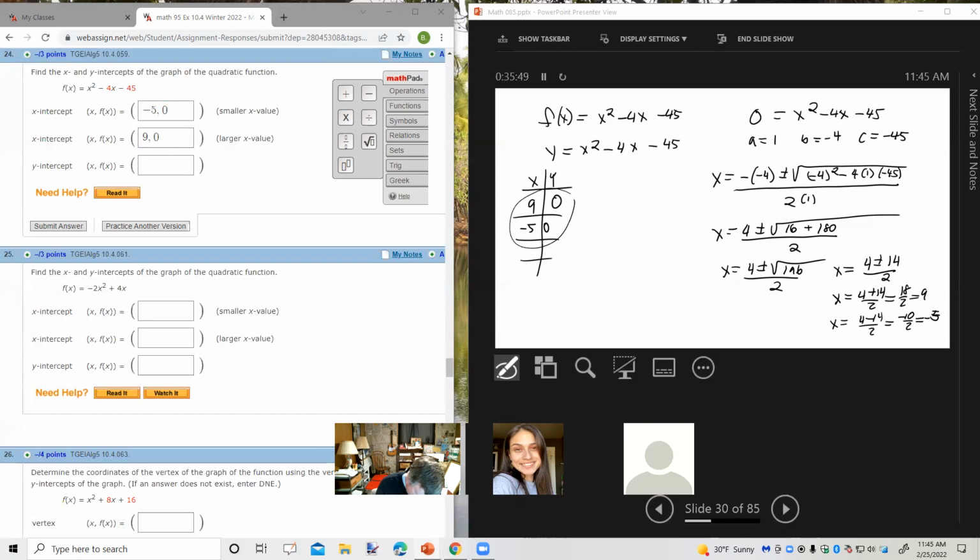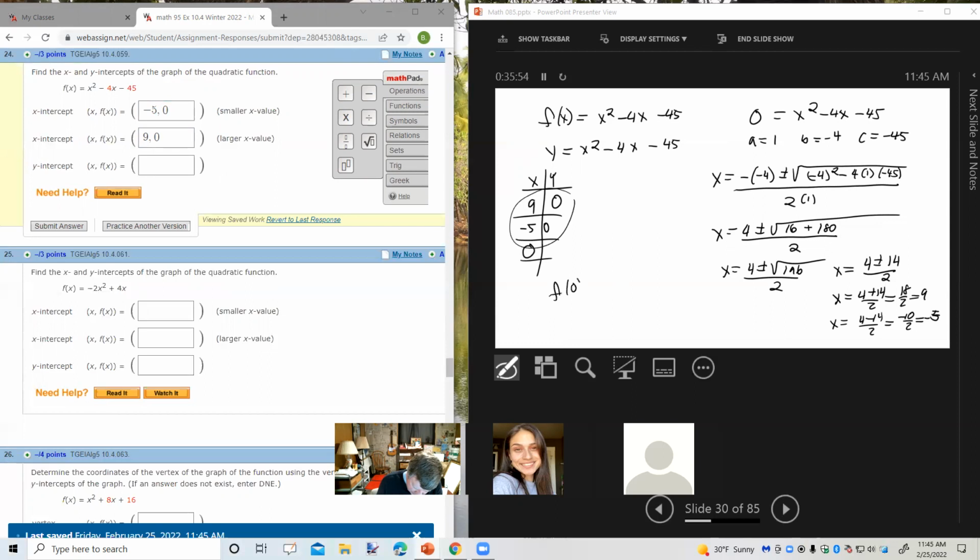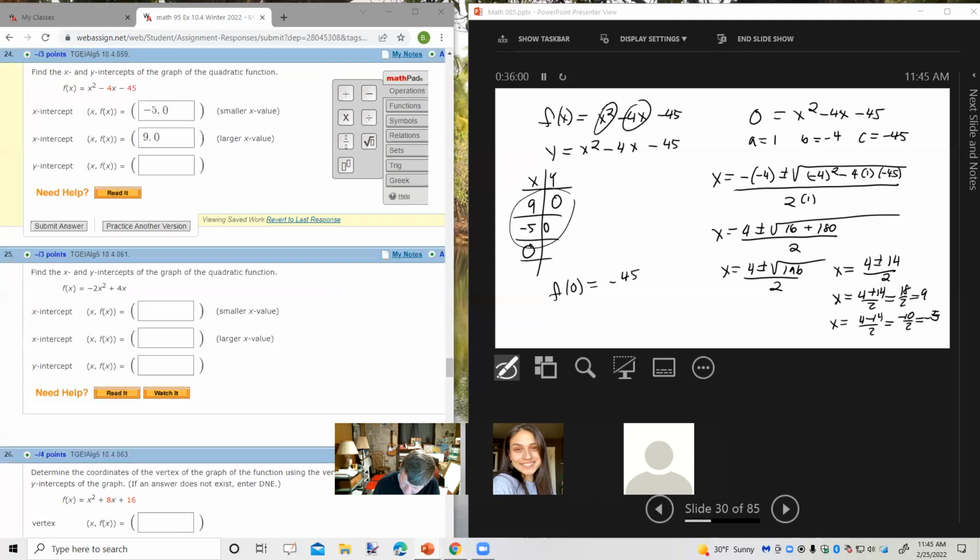All right. Now, how do you find the y-intercept? Set x equal to 0. Well, if x equals 0, what is f of 0 going to be? Well, that's going to be 0, and that's going to be 0. And what's going to be left? C. Because when it's in standard form, descending powers, when x is 0, that's going to be 0, that's going to be 0.